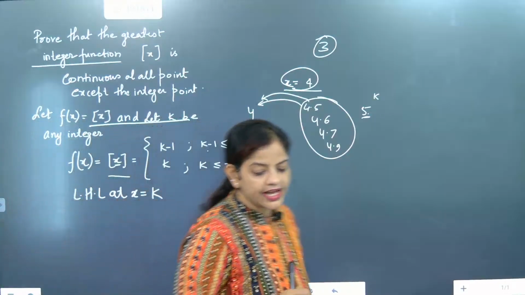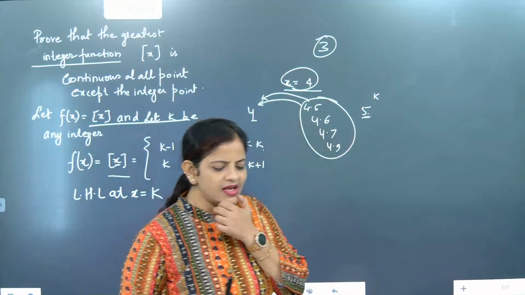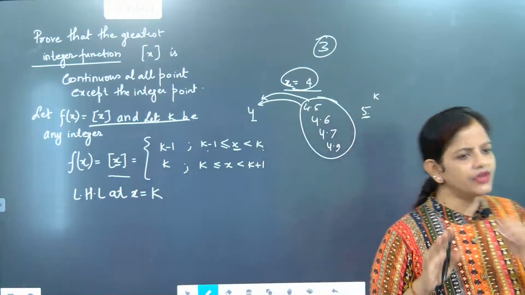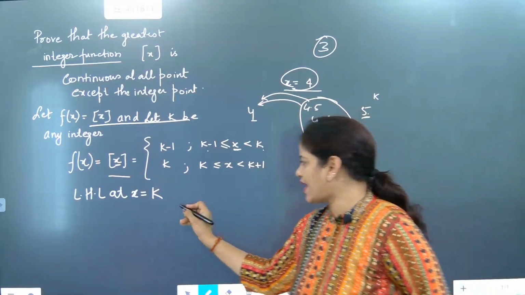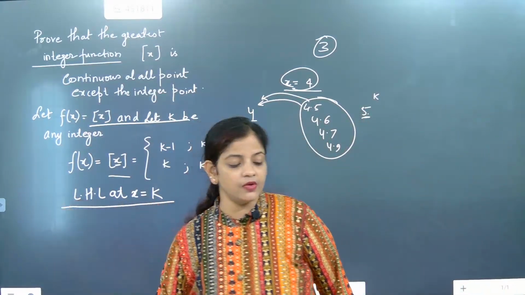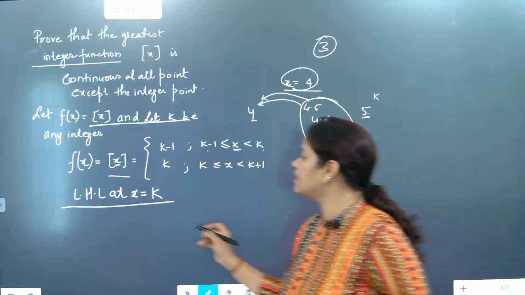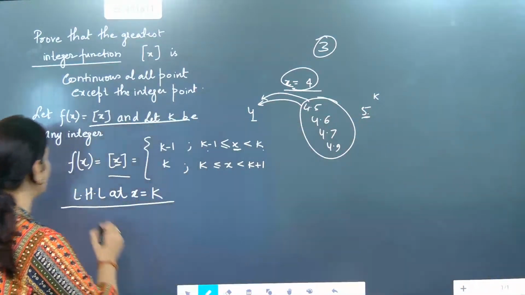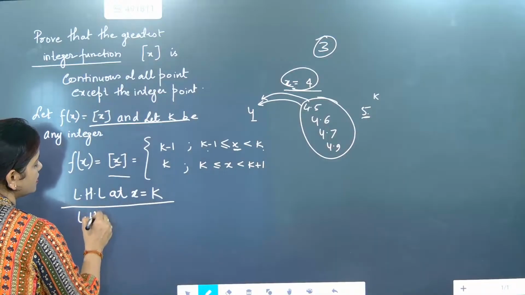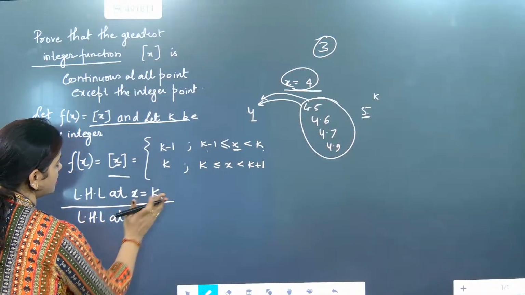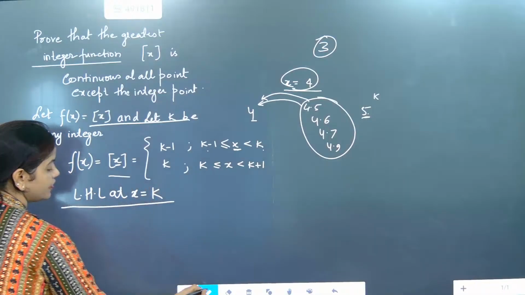We already explained that. Hello Anand. So now look here. So LHL we are going to take this. I'm actually teaching Anand. If you have any question or doubt, you can ask. Now look here. LHL at x equal to k, beta, how are we going to write it?